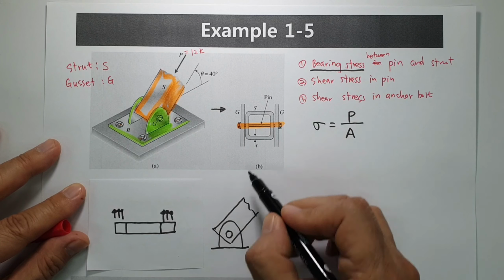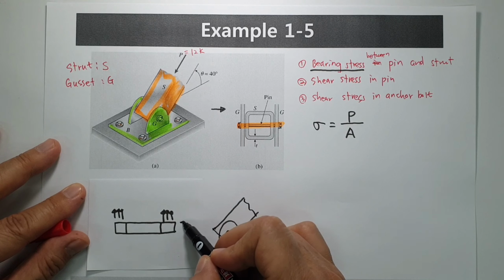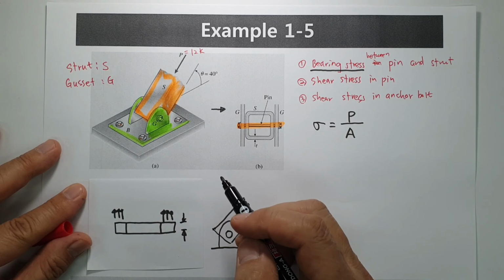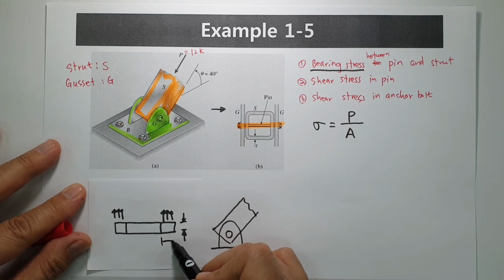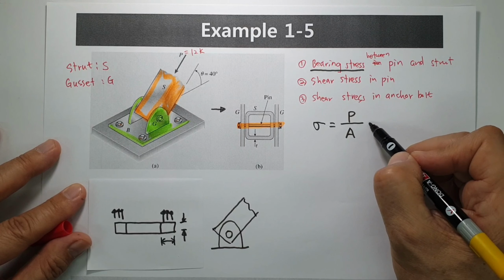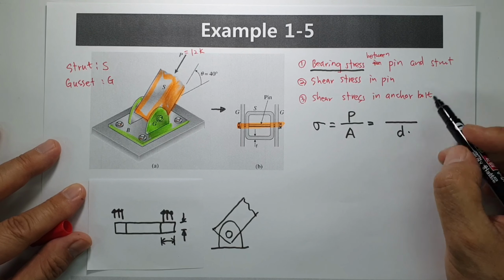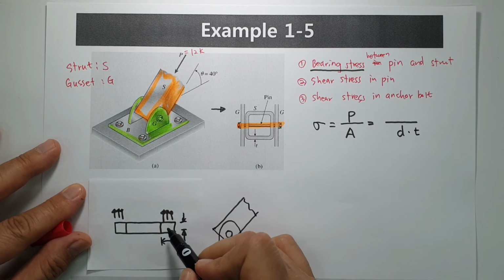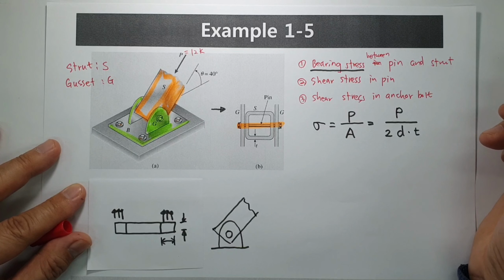When you think about the pin, this one is the diameter of the pin, and this one is the thickness of the strut. The effective area is the diameter multiplied by the thickness. And we have the external force. This one is the bearing stress between pin and strut.